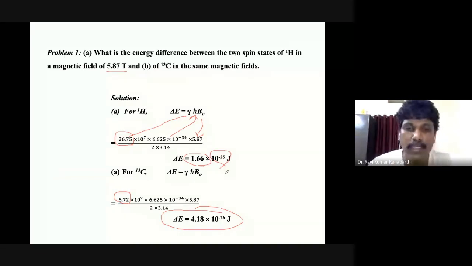What do I mean by a sensitive technique? In spectroscopy, certain techniques are said to be sensitive, meaning even for small changes we see larger differences or variation in the spectrum, which is good because you can interpret it very nicely. But there are techniques like NMR spectroscopy where inherently the energy gap is very, very small, as a result of which the population difference is very small.